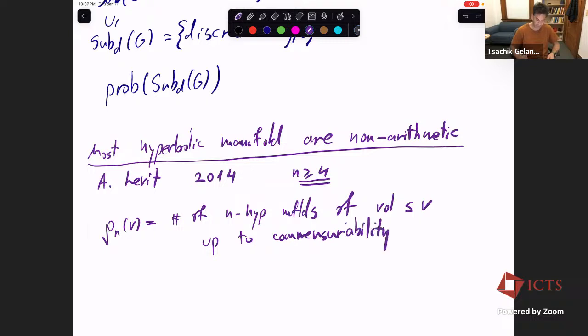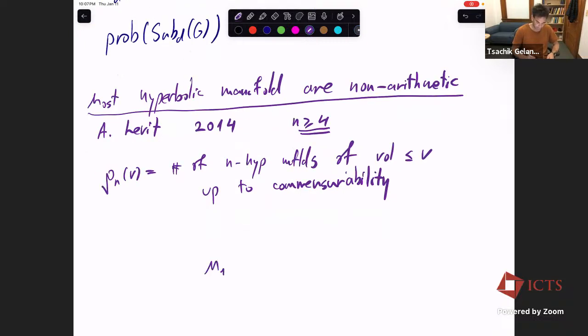So two finite volume manifolds M1 and M2 are considered equivalent if there is a third manifold that covers both of them. So there is a finite cover.